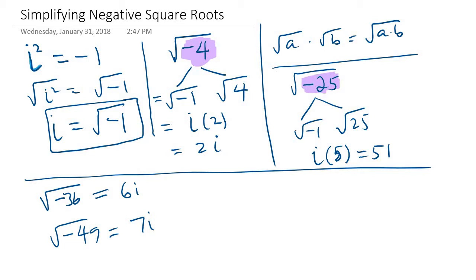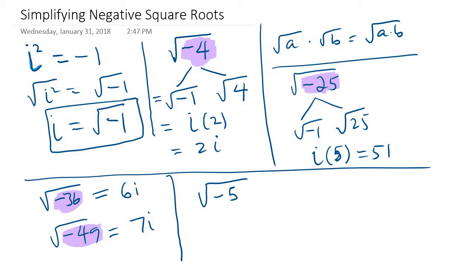Now it gets a little bit more interesting if the number in the radicand is not a perfect square. Let's see an example of that. For example, the square root of -5 is hard to break. We cannot break it up.